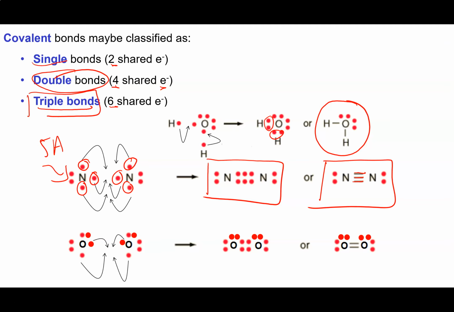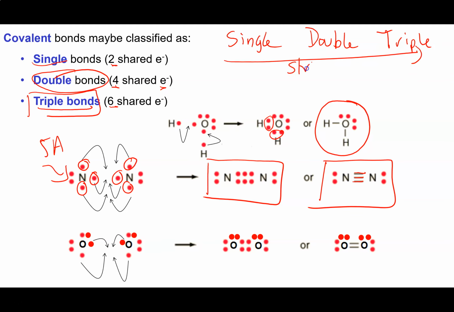If we put in here single, double, triple, there are a few things to keep in mind. They get stronger as we go this way, but they also get shorter because the tug inwards is greater for double and triple bonds.